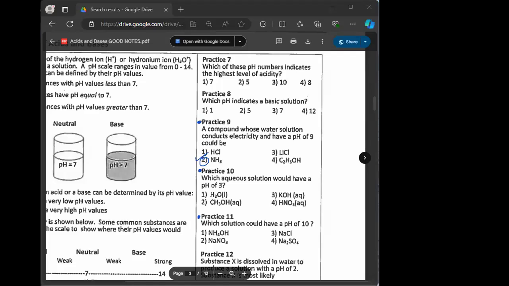And for number 10, it would be number three. Oh my gosh. Which aqueous solution would have a pH of 3?